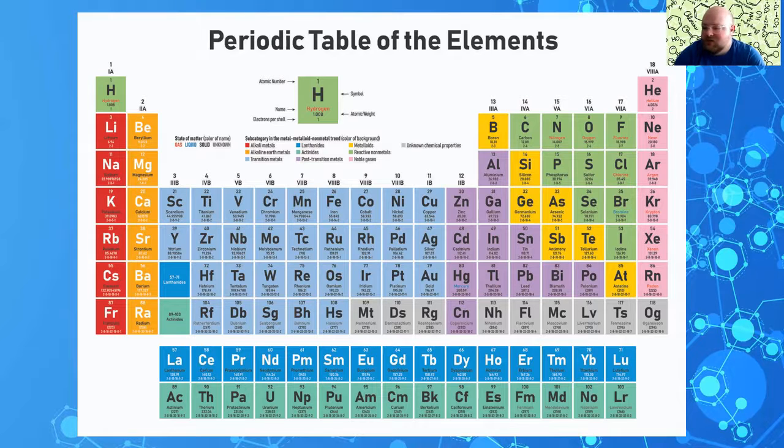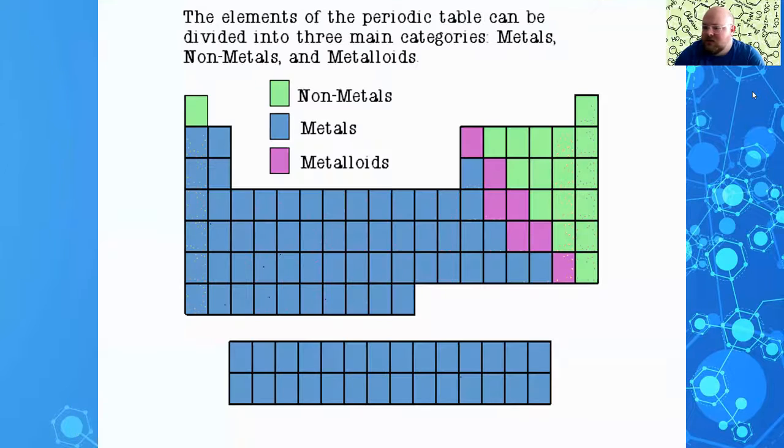But this is the periodic table. Looking at this image here, you can see everything marked in green as a non-metal. Hydrogen on the upper left is the same as all the elements over on the right. The metals are blue. Metalloids, which have properties of both metals and non-metals, are labeled in purple here.